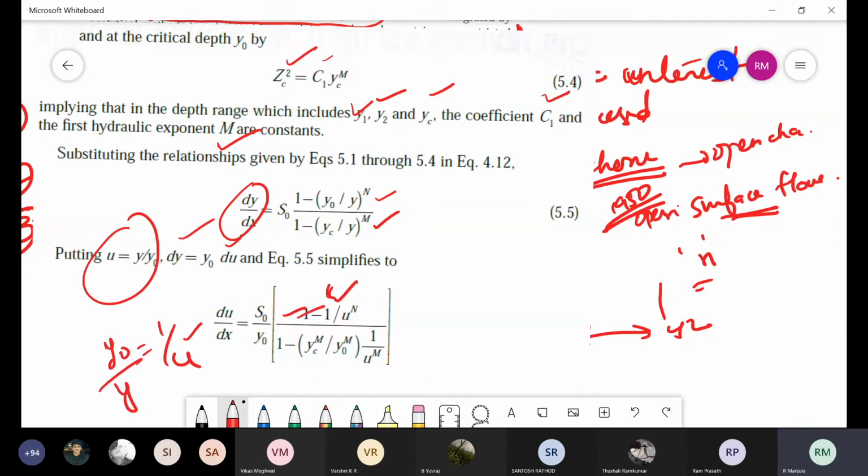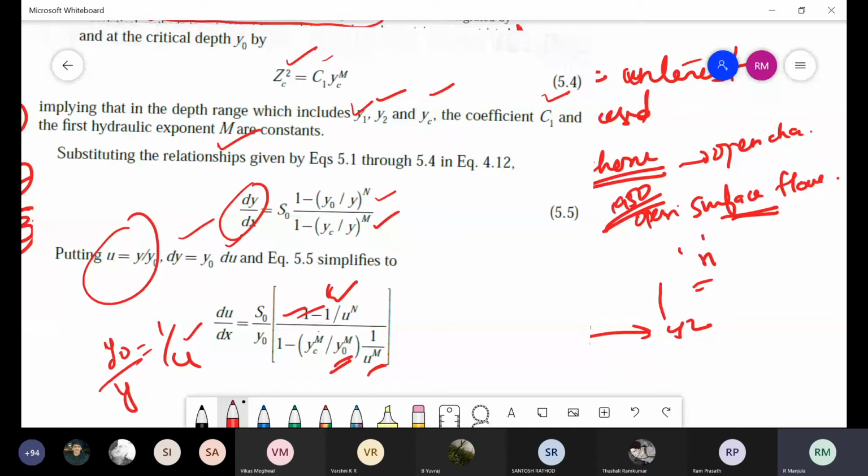So substitute 1 by u whole raised to power n. And similarly here yc by y also substituting. We are taking out yc power m and y naught power m, in terms of y you are substituting in terms of y naught. So you'll be having yc by y naught power m divided into 1 by u raised to m.